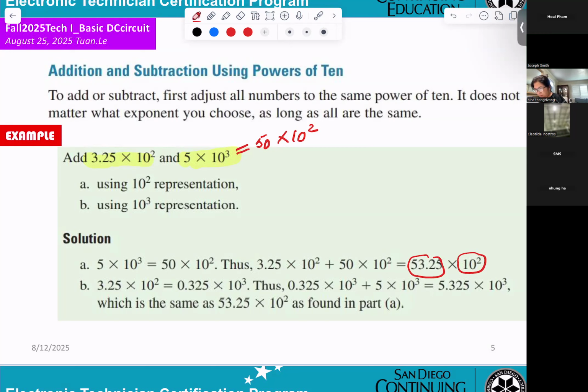Same thing in the second part, they want to use power of 3. Okay, power of 3, if you have 3 times, sorry, okay, 3 point.